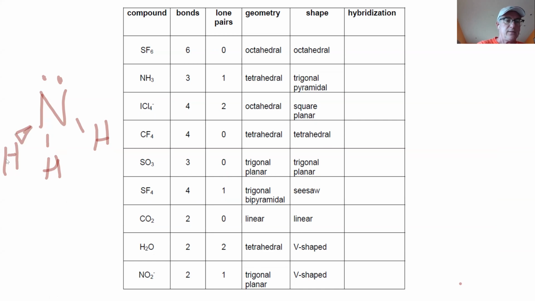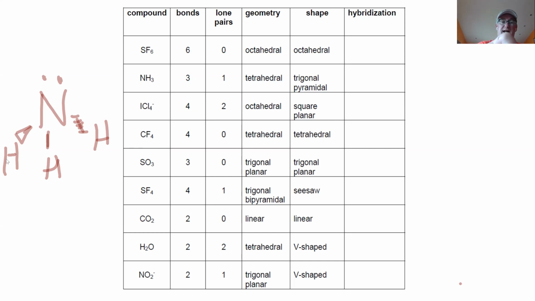So one coming out, one coming out, one going behind. So that's the shape of ammonia, trigonal pyramidal. So it has how many regions of electron density around the nitrogen? 4.